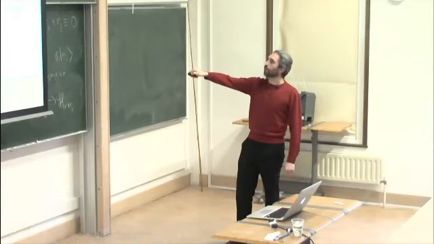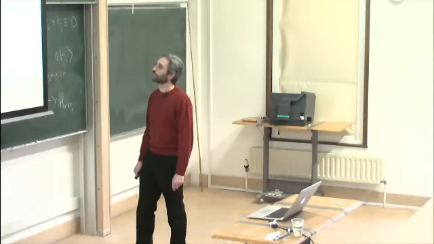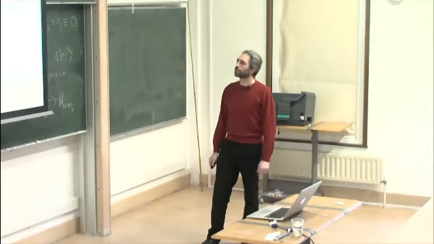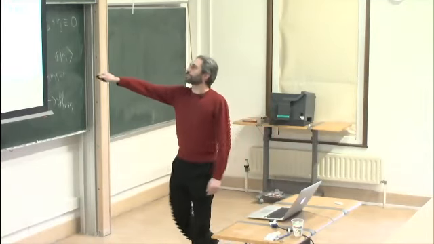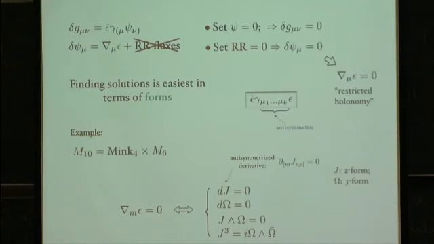But also, you can find certain algebraic equations that relate these bilinears in the fermions by using essentially Fierz identities. Now, deriving all this is trivial. Less trivial is to show that they are also equivalent to having a covariantly constant spinor, but still a few lines. It's not that bad.